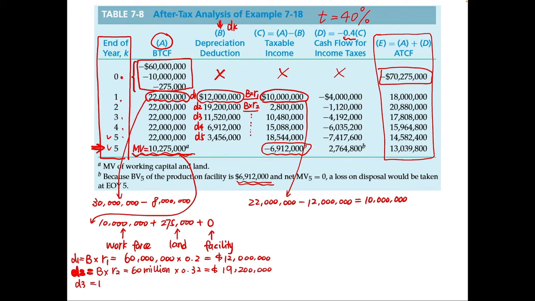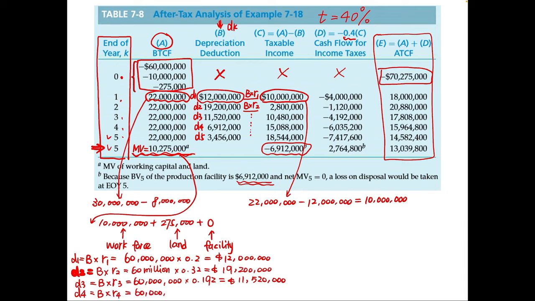And D3 is B times R3, which is 60 million times R3. If you go back to check the table, R3 is gonna be 0.192. So that will give you 11,520,000. And the D4 is B times R4.